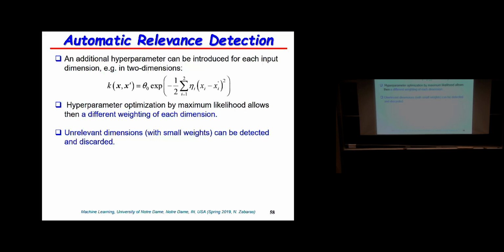It means that dimension in your input is not very important, so you can actually get rid of it.